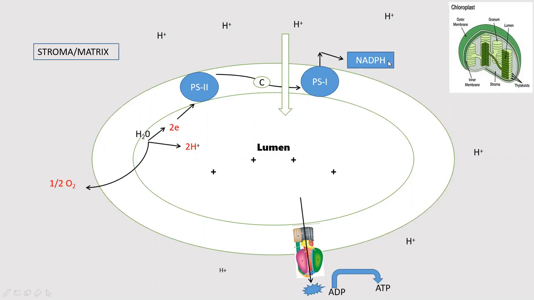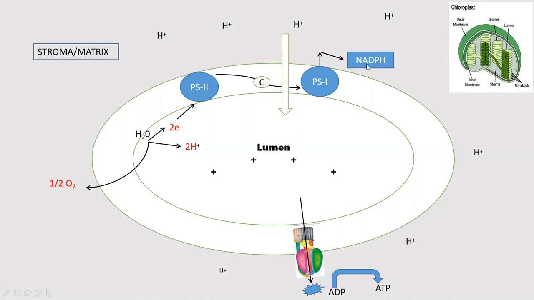So for the reduction process, they also need protons. So they get the protons from the stroma, or they remove the protons from the stroma to form NADPH plus H plus.